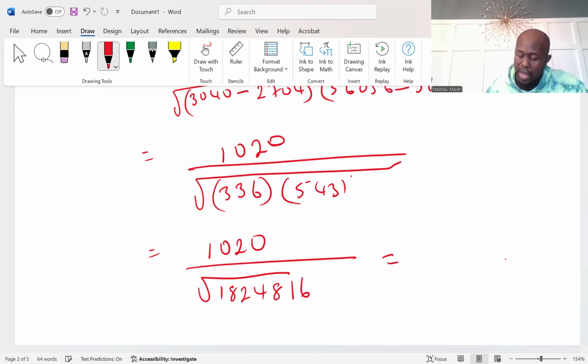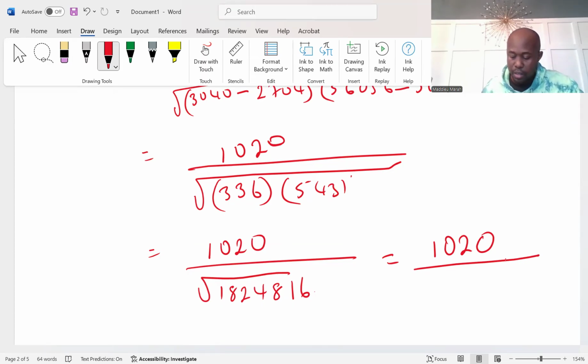So I still have 1020 divided by the square root of 1,824,816, which gives me 1351.